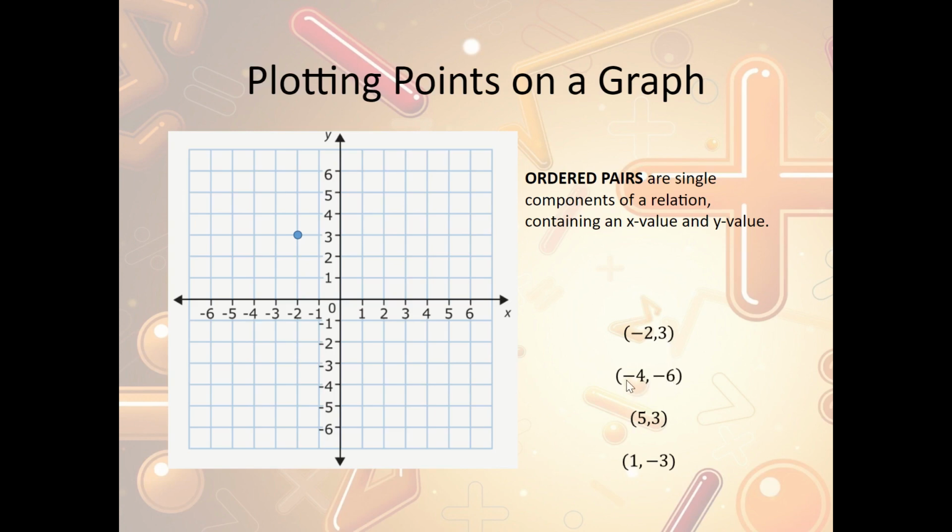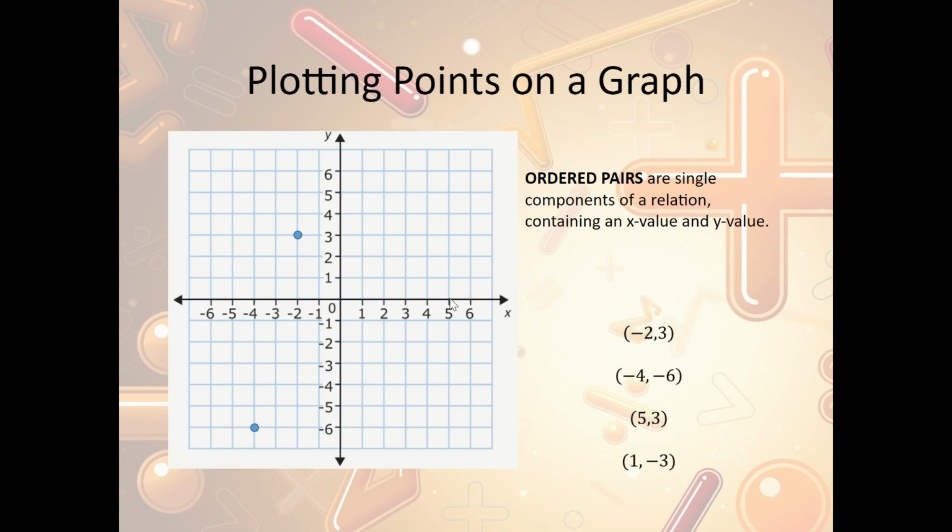Then we have (-4, -6). Well, -4 on my x-axis, so I'm going to go find -4 on the x's, right there. And then -6. So I'm going to go down and find -6, which is here, and plot that point. Then I have (5, 3). So x is 5, so I'm going to find where x is 5, which is here.